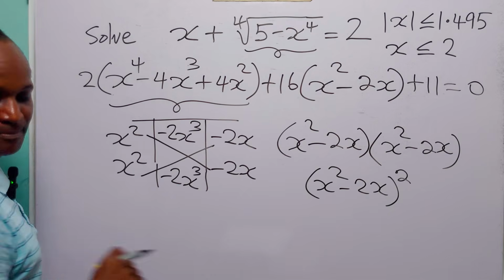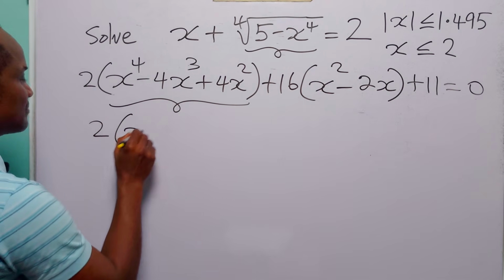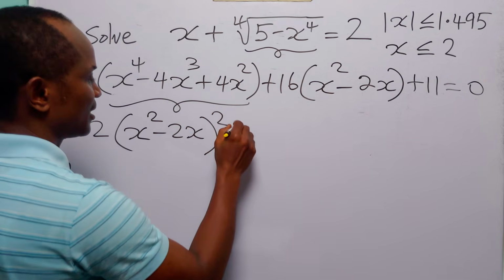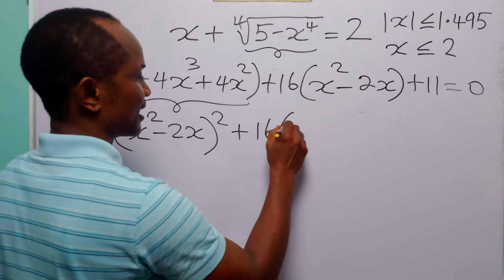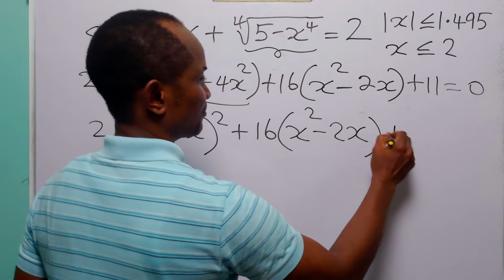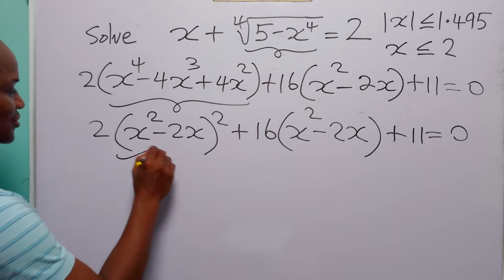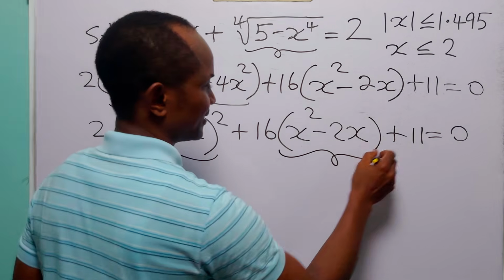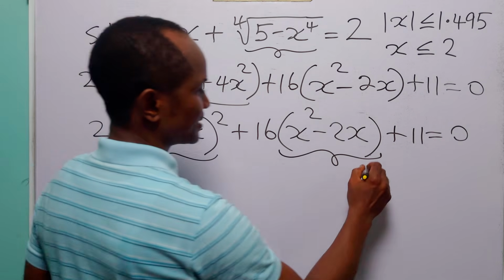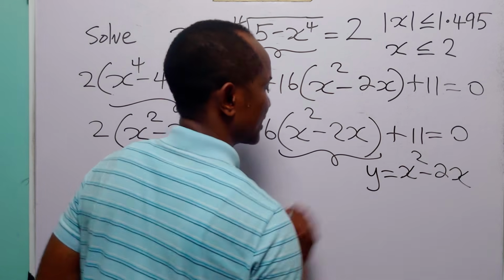So that means that here we have 2 times x squared minus 2x squared plus 16 times x squared minus 2x plus 11 is equal to 0. Of course, you can see that this and that are exactly the same. So we need to do a substitution. Let y be equal to x squared minus 2x.